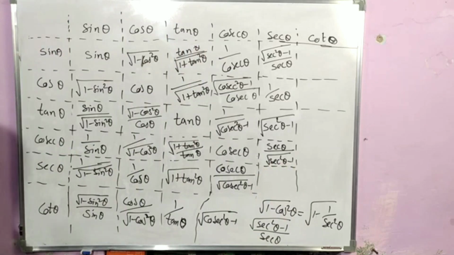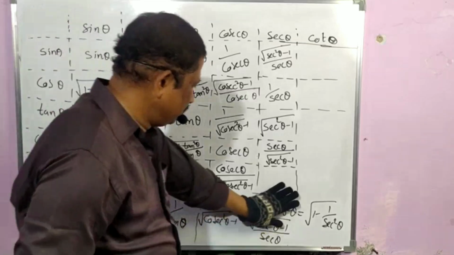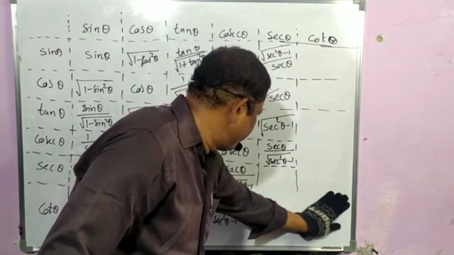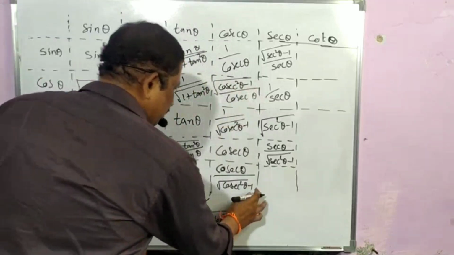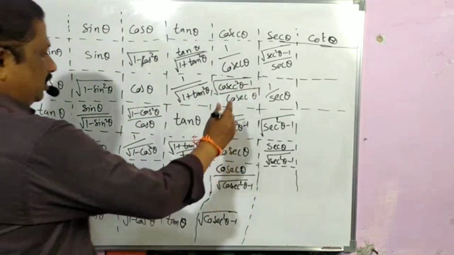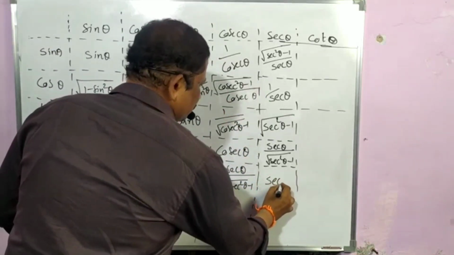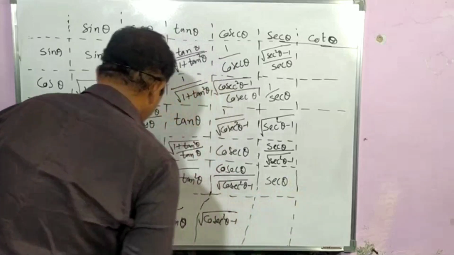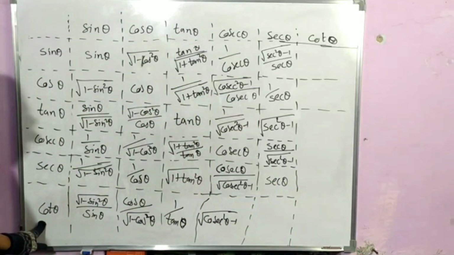Next, we have secant in terms of secant: same thing, you get secant theta only. Next, finally, cot theta in terms of secant.